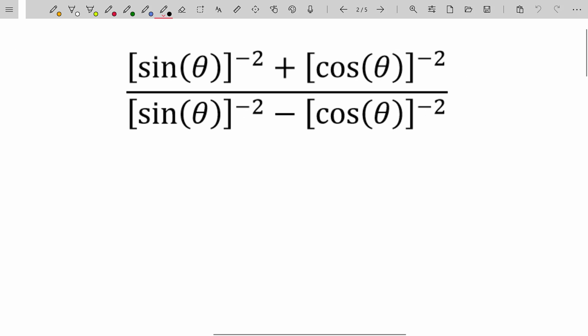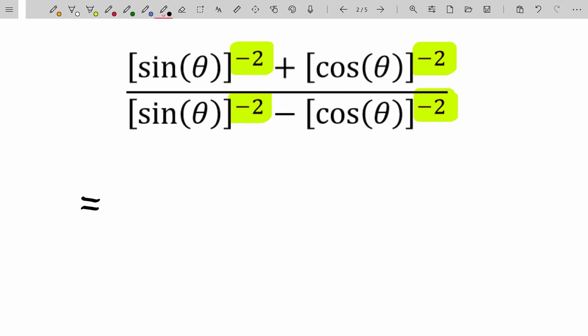Now, this may not look like a compound rational expression to you, but it actually is. Those negative exponents just mean that whatever they're attached to can be written as 1 over that argument raised to the second power.